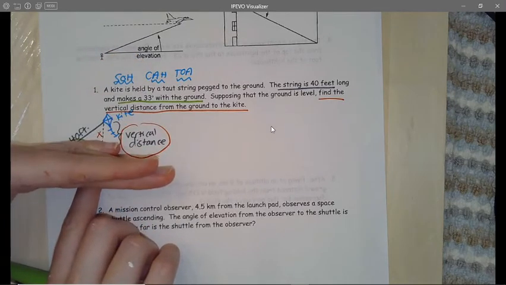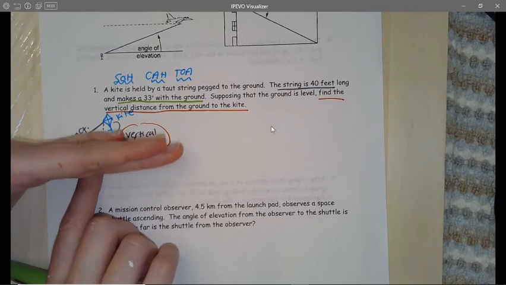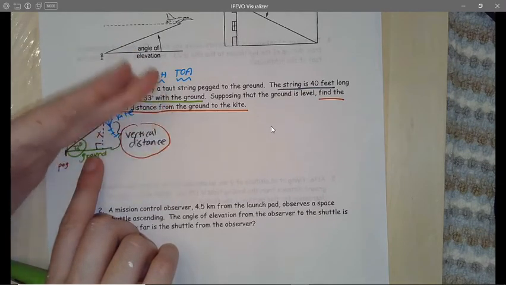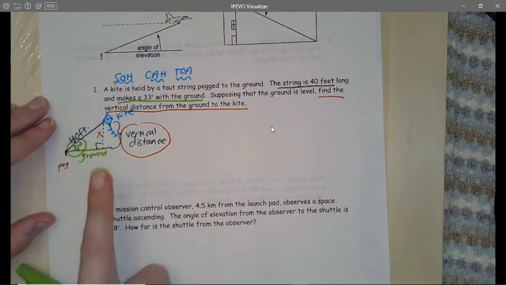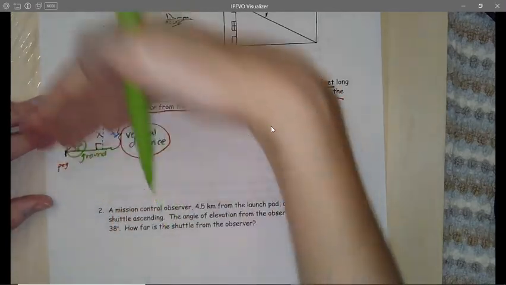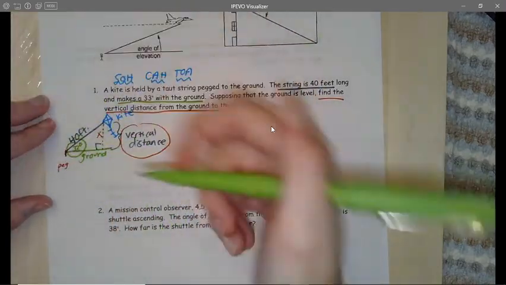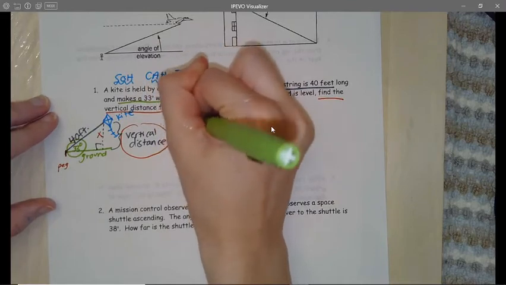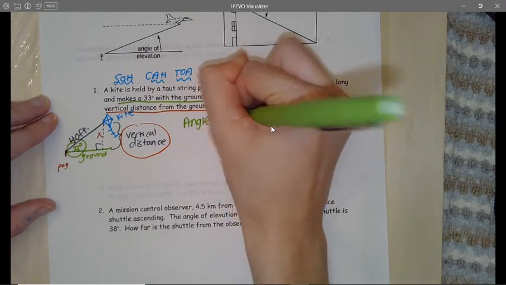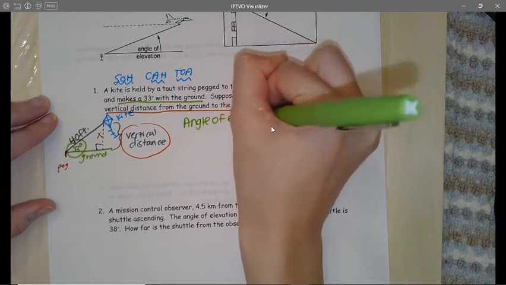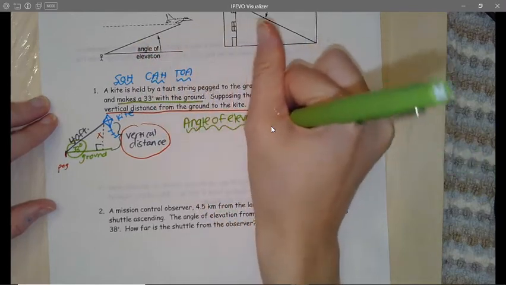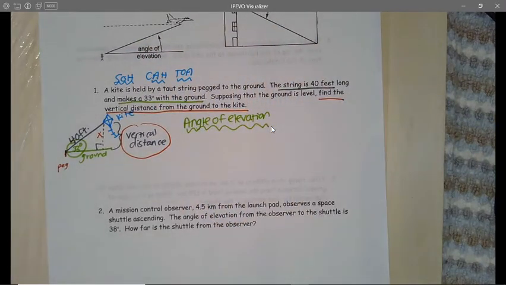Since the horizontal line went above to create this angle, this is an angle of elevation because the angle is heading in an upward motion. So we're dealing with an angle of elevation, and that's important to know. From here, we can just use the picture to help us solve.